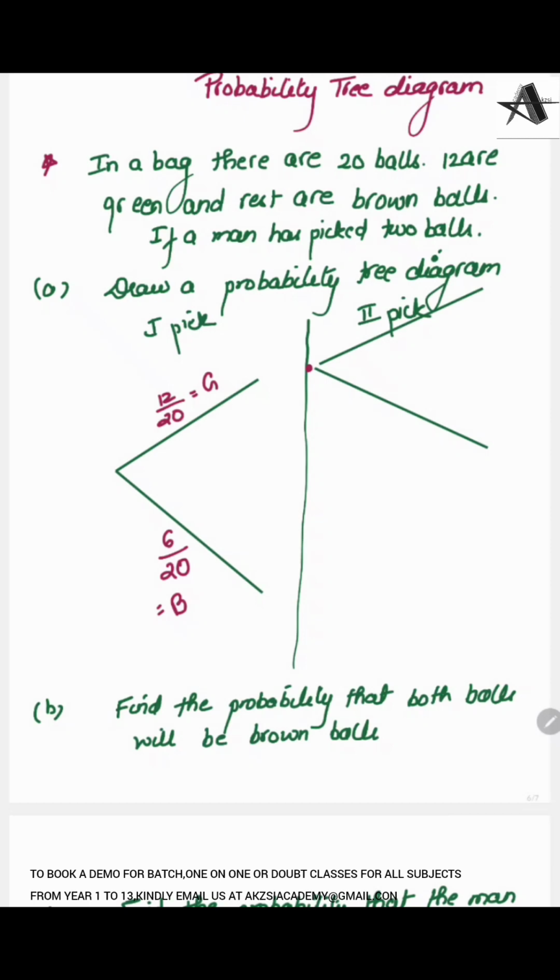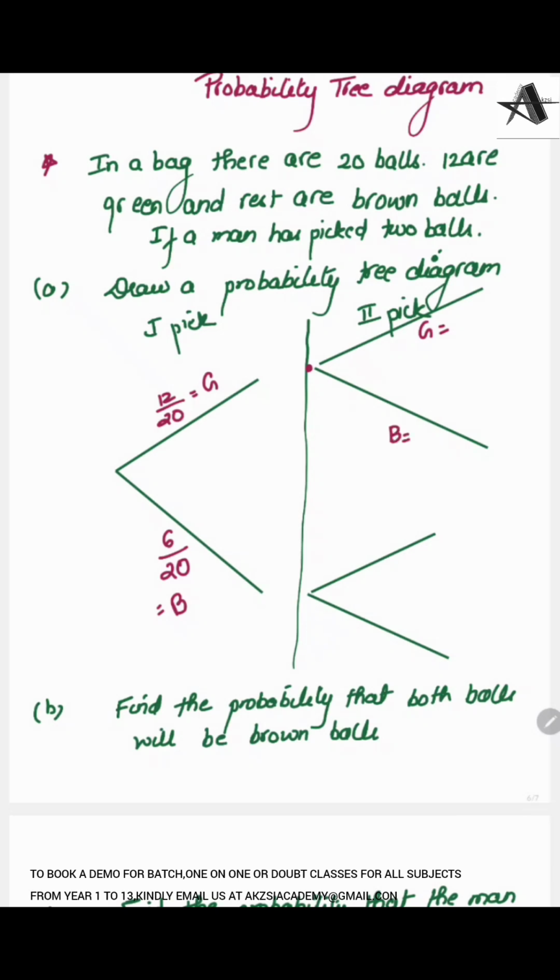That means in the second chance, again he will be having 2 different ways. So if in the first pick he has already picked 1 green ball, again he'll be having 2 different choices. Either he can pick a green ball or he can pick a brown ball.